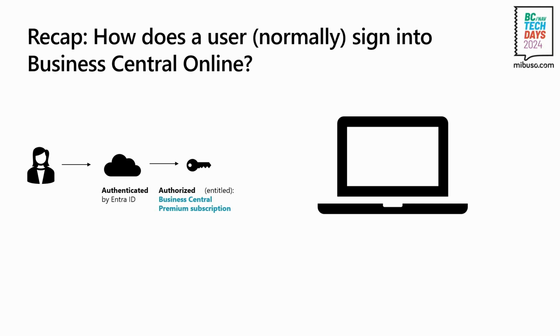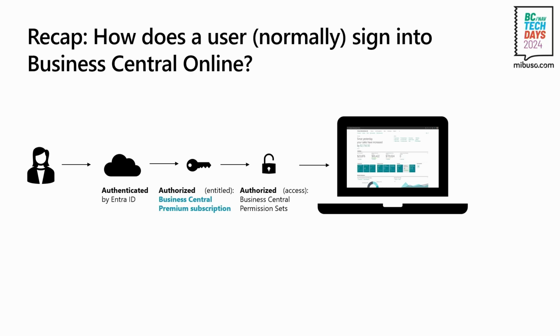The first one is you're authorized to features in Business Central, and that can mostly be done with a subscription or a license. So you have the Business Central premium subscription. We know this. The second layer of authorization is through permission sets, where you restrict it to the specific operation within Business Central, right? From all the things that you are entitled to. And then you get access to the client.